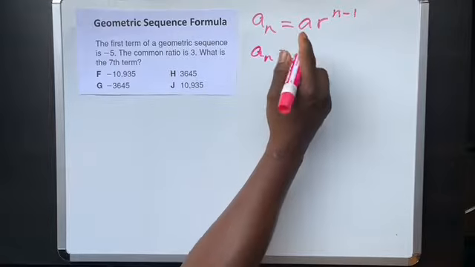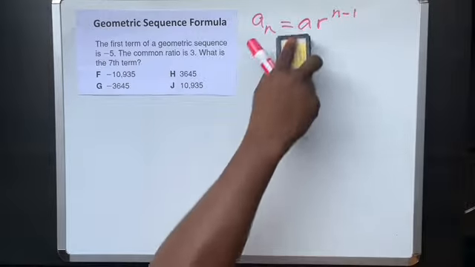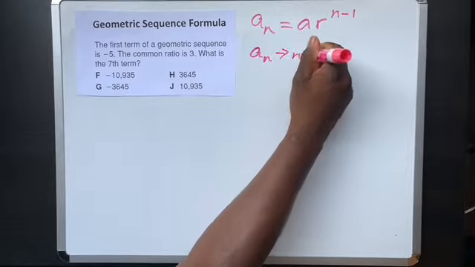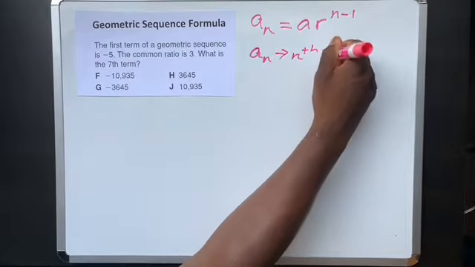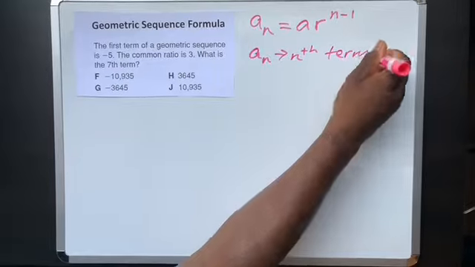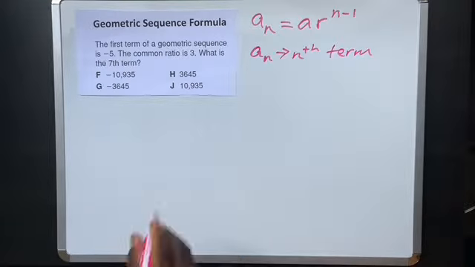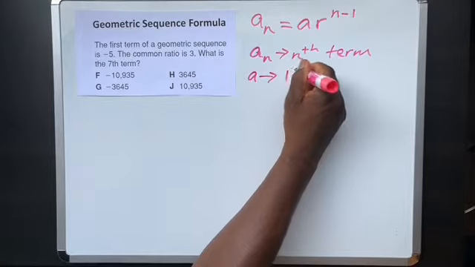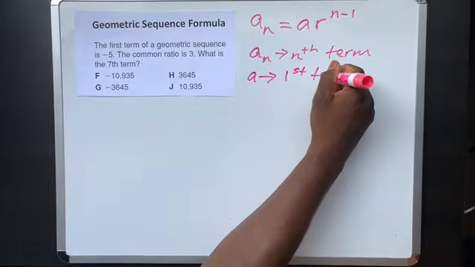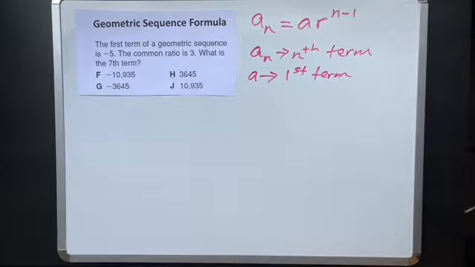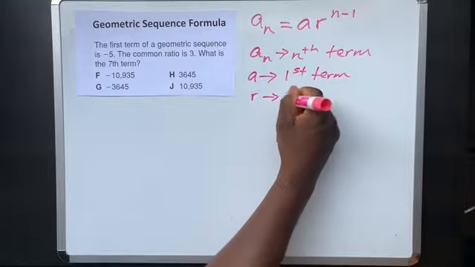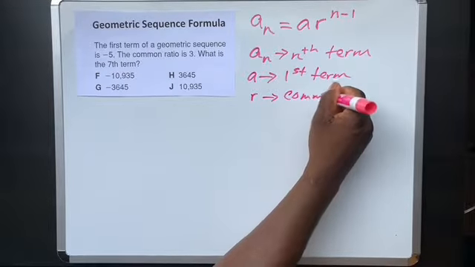A sub n gives us the nth term. This is important. And a gives us the first term in the geometric sequence. And then r gives us the common ratio.